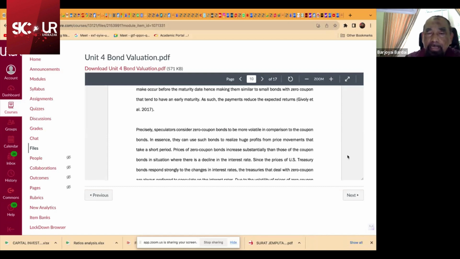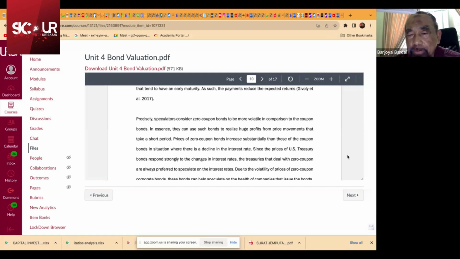In essence, they can use such bonds to realize huge profit from the price movement that takes a short period. So the price of a zero coupon bond will increase substantially more than those of the coupon bond in a situation where there is a decline in the interest rate.